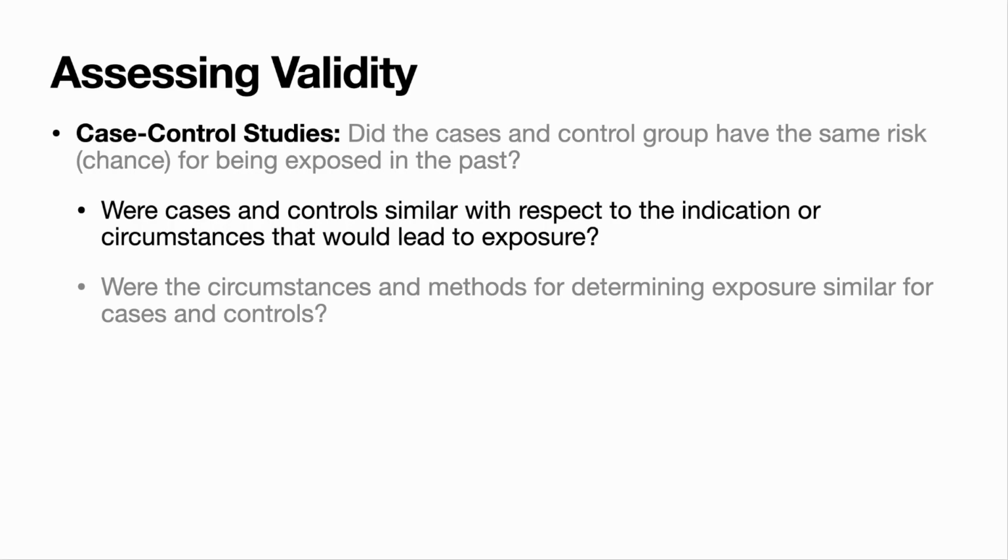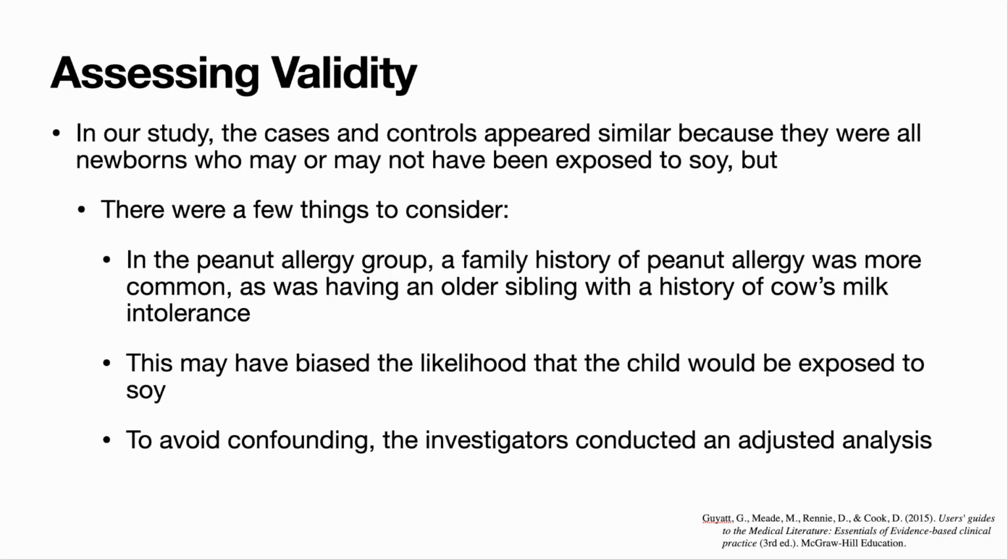First, were the cases and controls similar with respect to the indication or circumstances that would lead to exposure? So in our study, the cases and controls appeared to be similar because they were all newborns who may or may not have been exposed to soy, but there were a few things to consider.